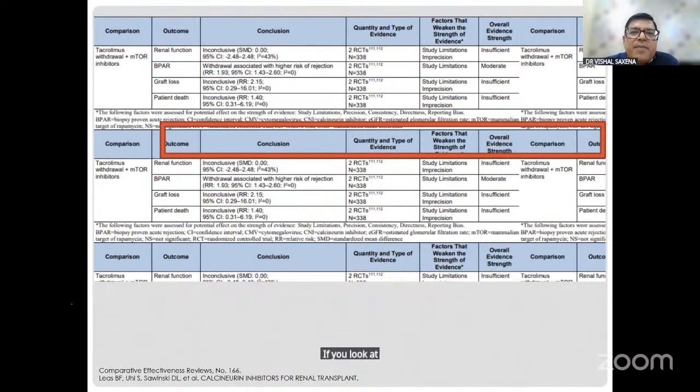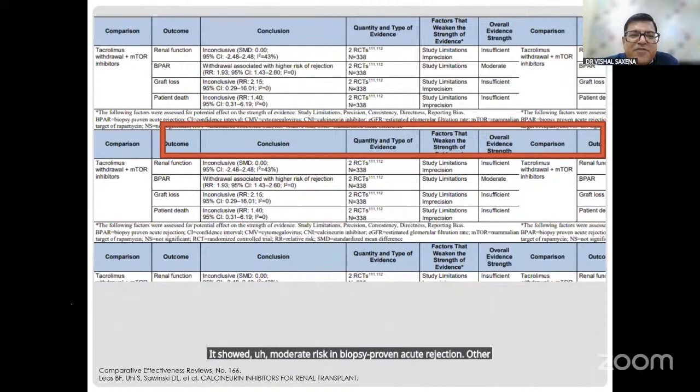If you look at tacrolimus with mTOR inhibitor, biopsy-proven acute rejection, moderate risk, withdrawal associated with lesser risk, and relative risk was almost 93%. Comparison, if you look at tacrolimus withdrawal with mTOR inhibitor, it showed moderate risk in biopsy-proven acute rejection.